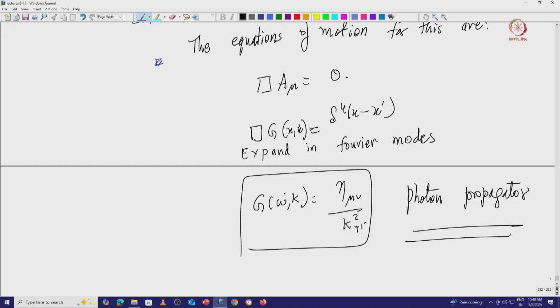Let us just use the Green's function method and derive the photon propagator. What we have done is derive the photon propagator. I will stop here, and continue in the coming lecture.